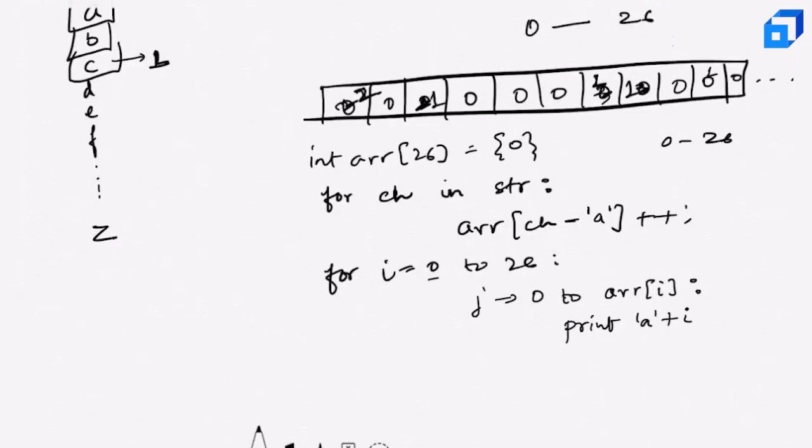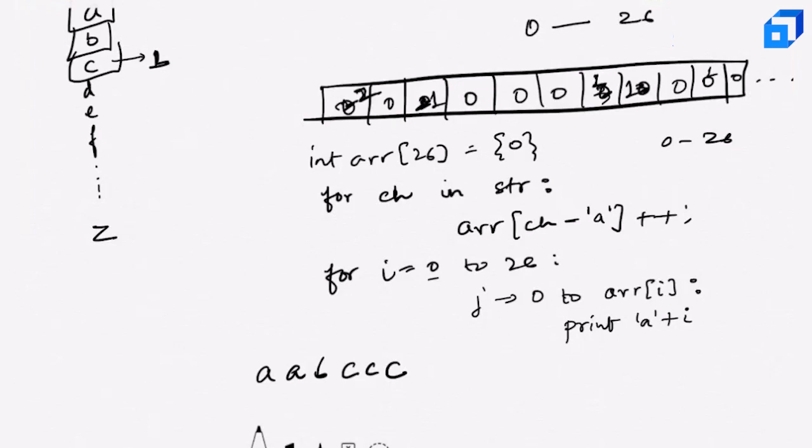So if the count of A was 2, then this will print A twice. If the count of B was 1, then it will print B. If the count of C was 3, then it will print C 3 times, and so forth. So all I'm doing is counting the frequency of the numbers, and then printing them those many number of times, going in the order of numbers.